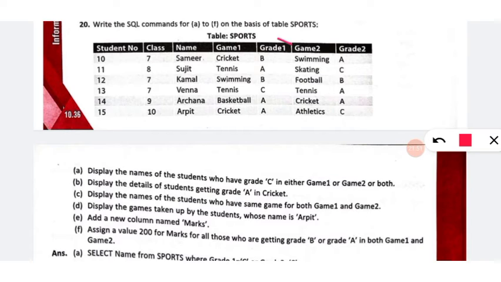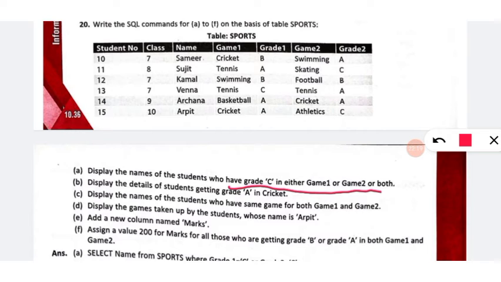So grade 1 is the grade given for game 1 and grade 2 is the grade given for game 2. Now in the question it is given, display the names of those students who have grade C in either game 1 or game 2 or both.